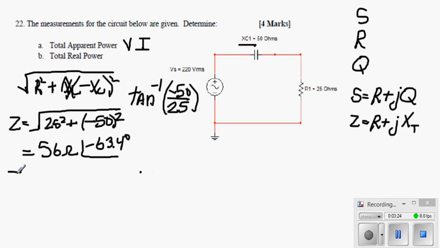Okay. Now we have the ability to calculate the total current in the network, which from before is V total divided by Z total. In this case, it's given us the V total as 220 volts, and we always assume that the power supply is 0 degrees for most problems, because it is our reference voltage, and we'll divide that by this 56 ohms and its phase shift.